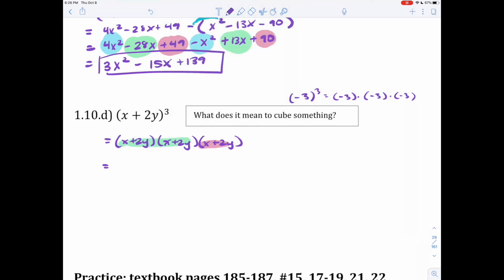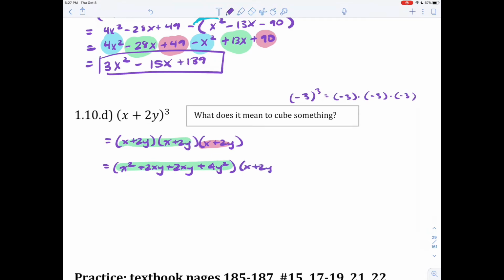This product we'll tackle. Foiling that out, we have x times x, which is x squared. We have x times 2y. We have 2y times x. And 2y times 2y. That is that seafoam green product.